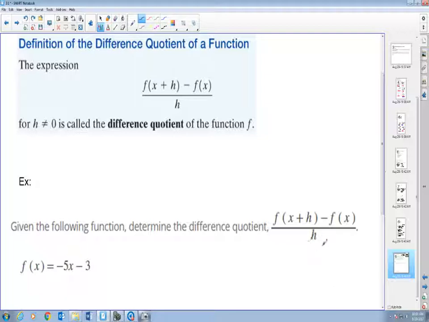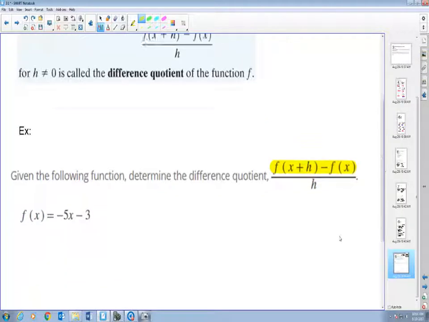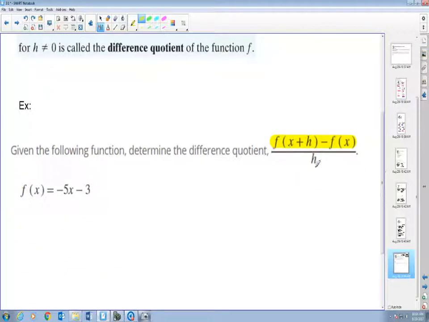Without the h down here, if we just look at the top, earlier we did the x plus a, now we're just going to call it x plus h. Then we line it up, saying minus f of x, the original function. And then we divide it by h at the very last. So here's my original function, f of x, that will go in this spot in a minute.